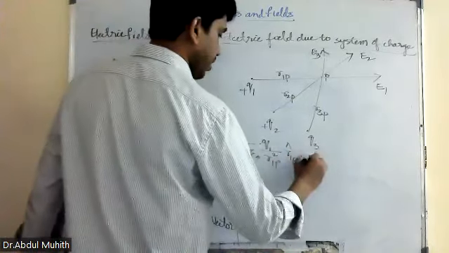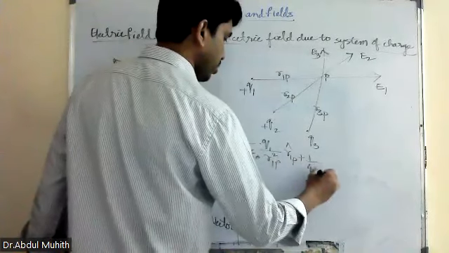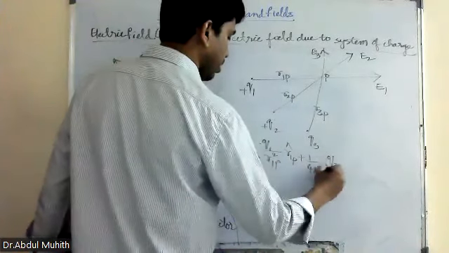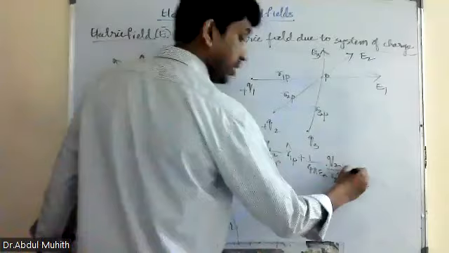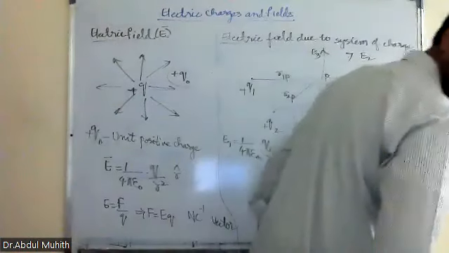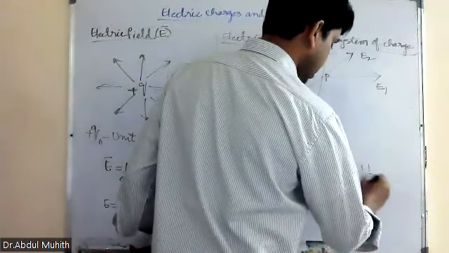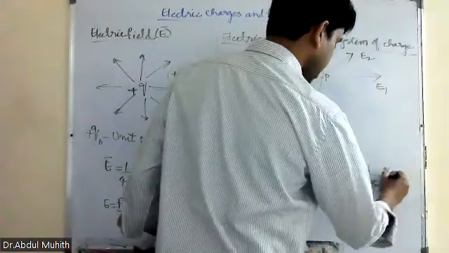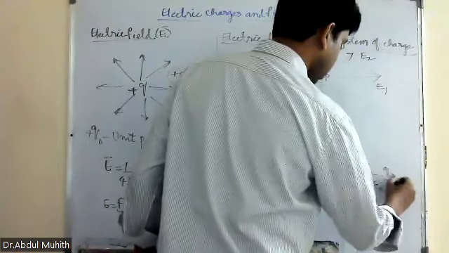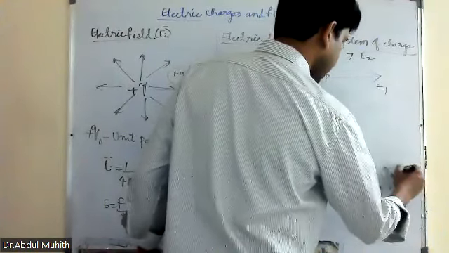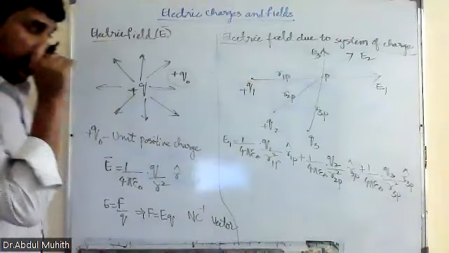Similarly, we have 1 by 4 pi epsilon 0 into Q2 by R2P square into R2P cap. Now Q3 by R3P square into R3P cap.